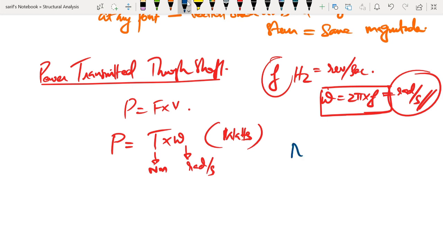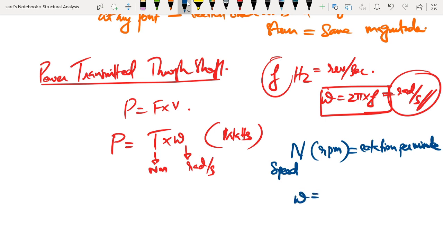Or sometimes it can also be given in rotations per minute, or rpm. So the speed N will be given in rpm, which is nothing but rotation per minute. In that particular case, omega will be equal to, so there are going to be N rotations. Each rotation is 2 pi radian, so N rotations will be 2 pi N radian, and this is happening in 1 minute. 1 minute is 60 seconds, so 2 pi N by 60 will be the speed in radian per second.